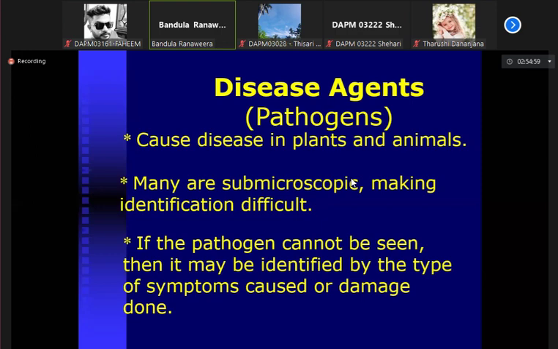So when the pathogen is not visible, when it is a microorganism, it is difficult to identify them, but we can identify them by some of their symptoms, the symptoms of their damage.